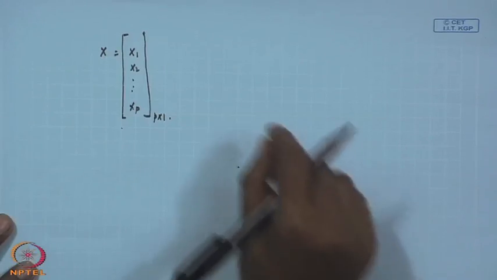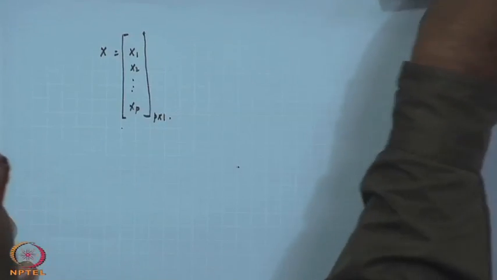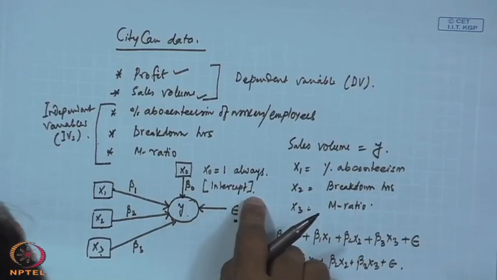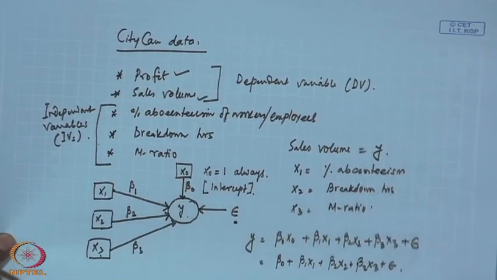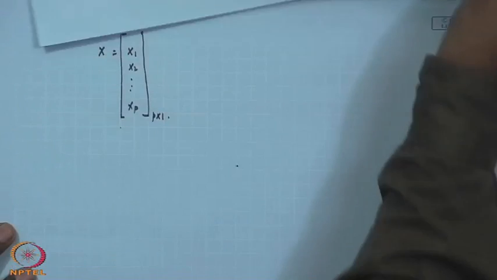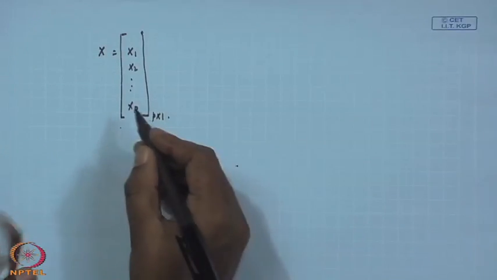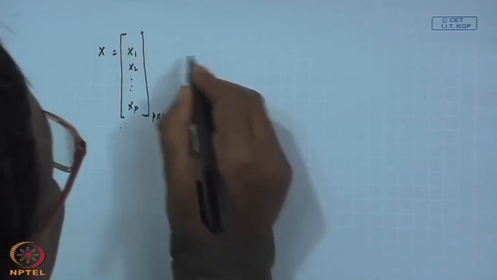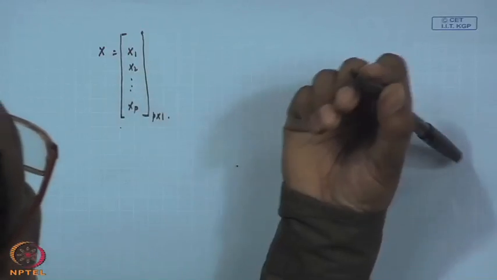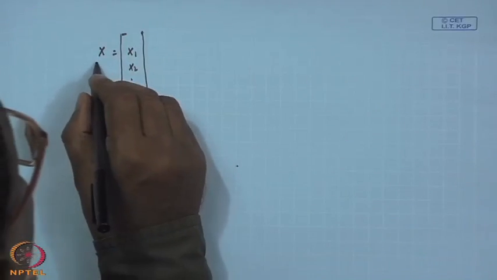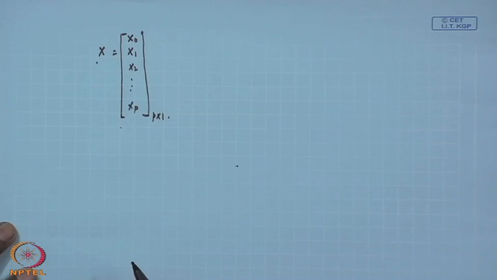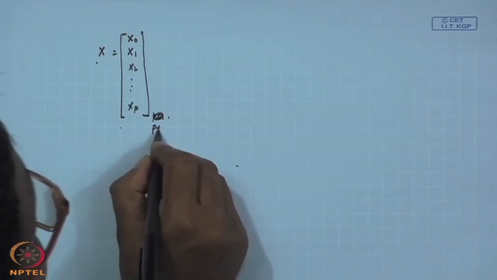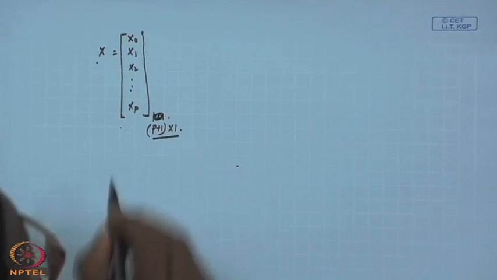And as we have already seen, there is one intercept parameter related to one constant x 0, that one we are making 1. If we want to add x 0 also, then you can write it as p plus 1 into 1.